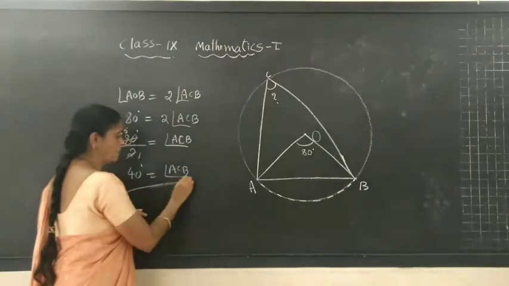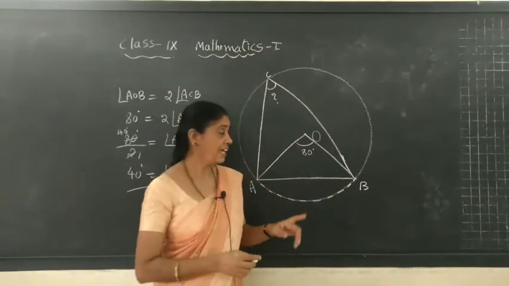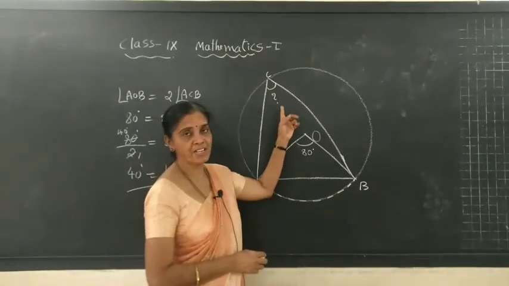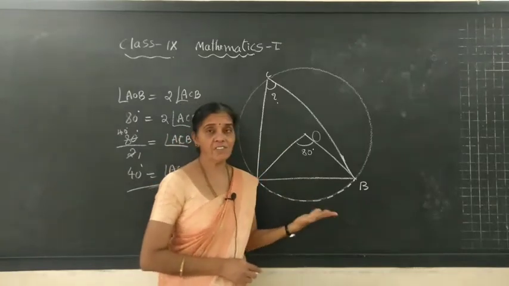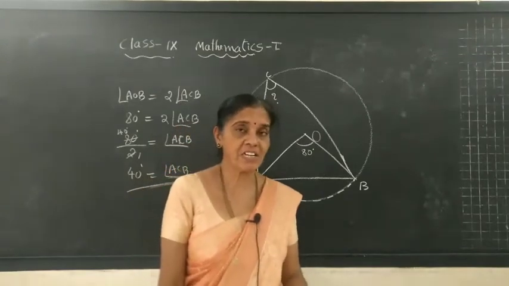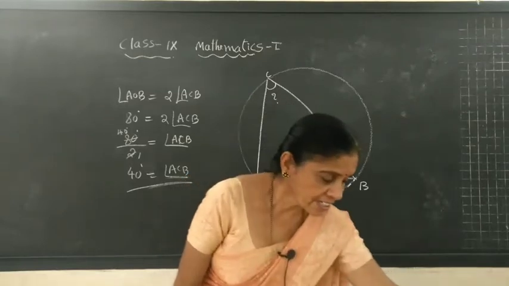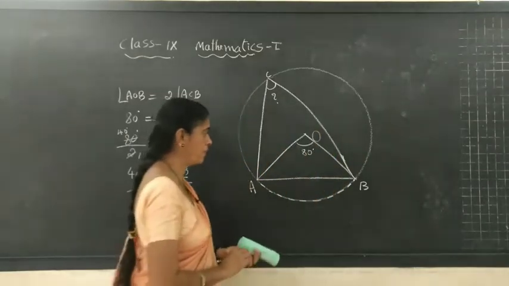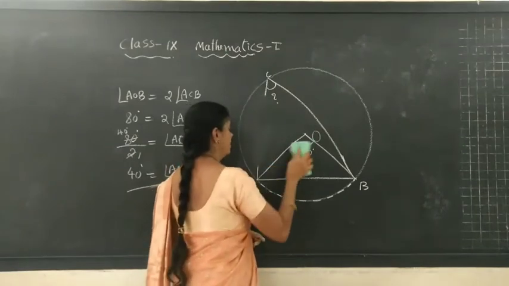So we can apply the idea for the chord AB, how it makes the angle at the center and the angle on the other part. Now using this idea, we will get one or two important facts regarding the angle relationship. The next point you have to remember, I will draw one more diagram here.